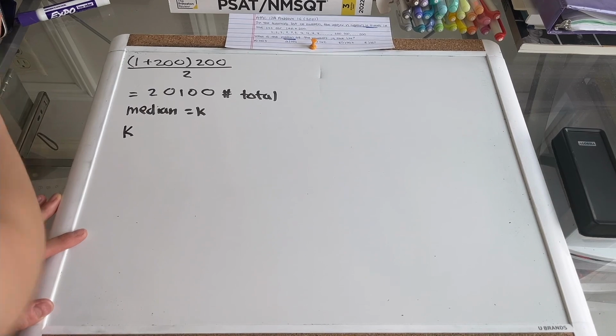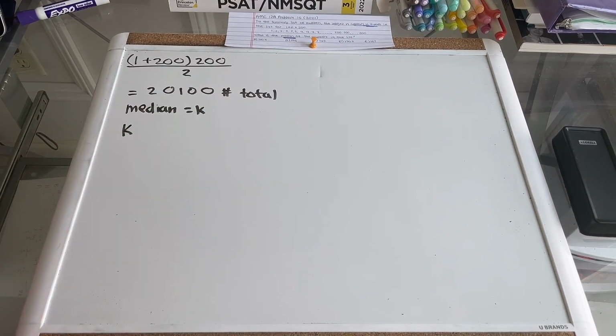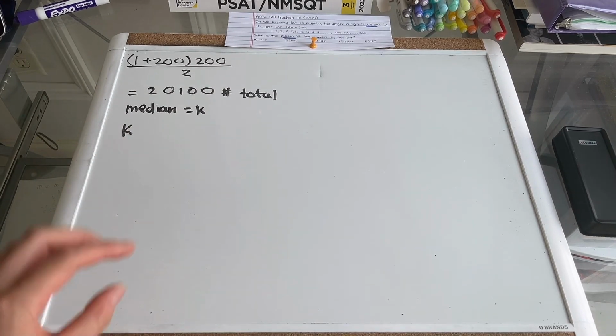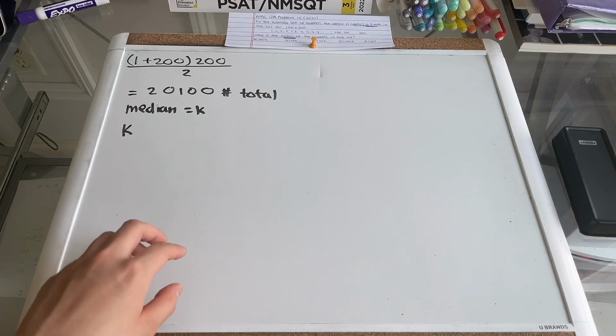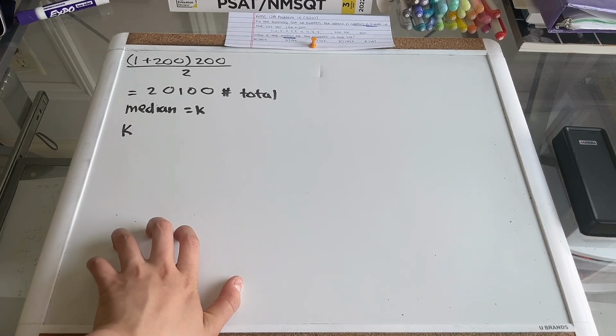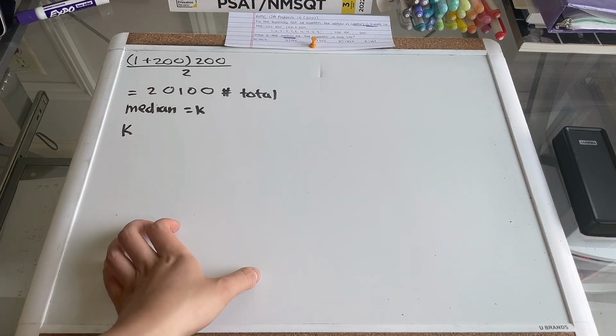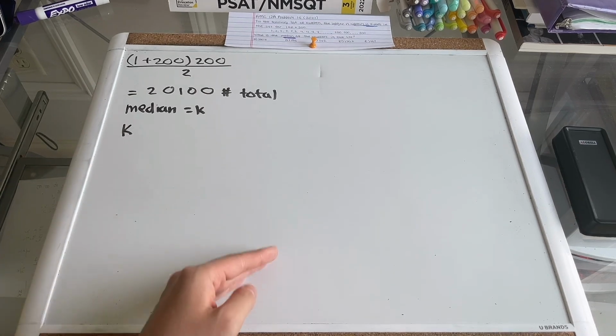Since the median is k, this is the number value of k. For example, it would be a number like 130 or something. It is not the 130th number, but rather the number 130 that is in this range of numbers. There are going to be 130 130s, but it's not the 130th place.